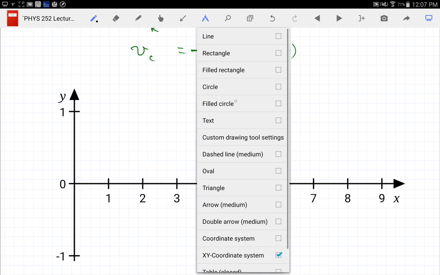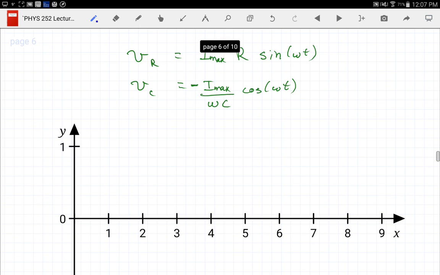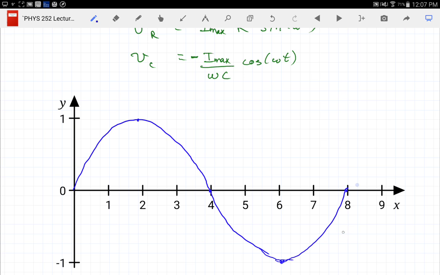If I plot these out, I will find that the voltage for the resistor should look something like this. That's what the voltage across the resistor looks like.